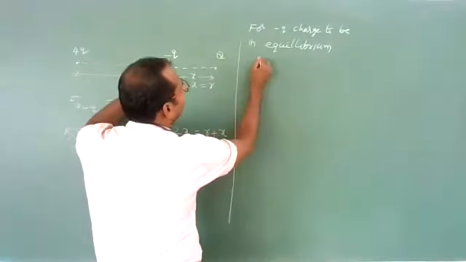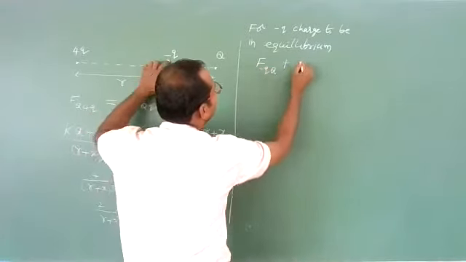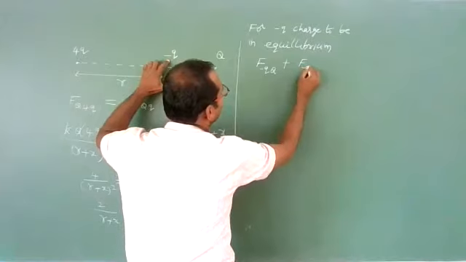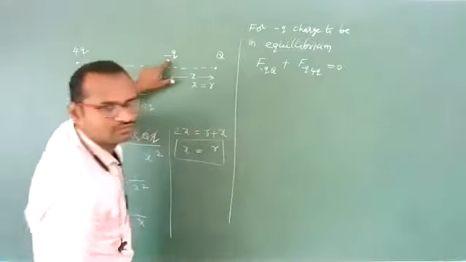That means the force on minus q due to capital Q plus the force on minus q due to the 4q charge should be equal to 0.